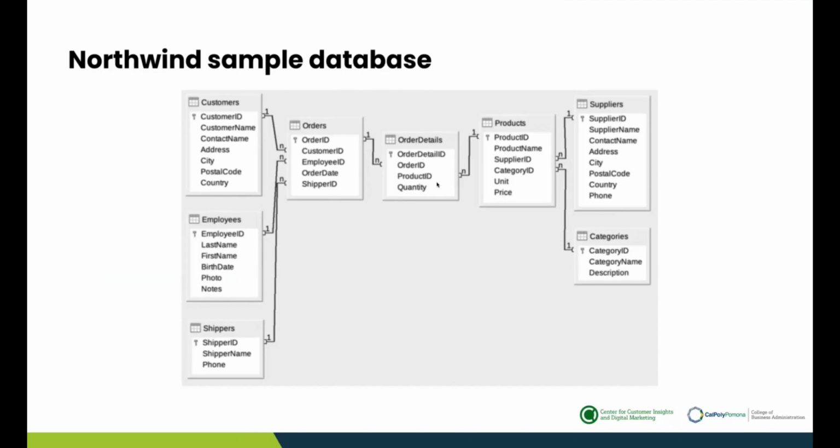And then you have the order details. It contains the information about the products ordered in each order, including the quantity and unit price. And then the products table has the information about the products the company itself sells. And in that table, we can find corresponding categories and suppliers.